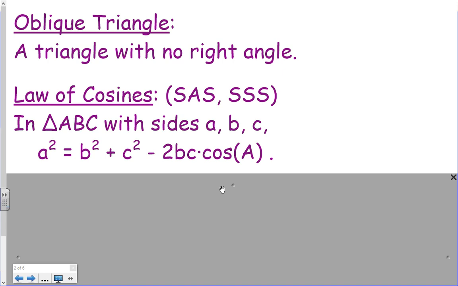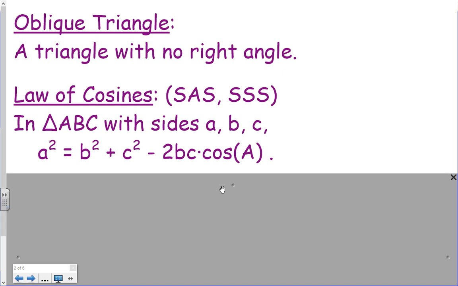If you have a triangle ABC with sides a, b, and c, notice the naming convention that we'll use here. The uppercase A, B, and C are going to represent the names of the vertices or the angles of that triangle. And the sides are going to be named by lowercase letters a, b, and c, where side a is opposite angle A and side b is opposite angle B, and so forth.